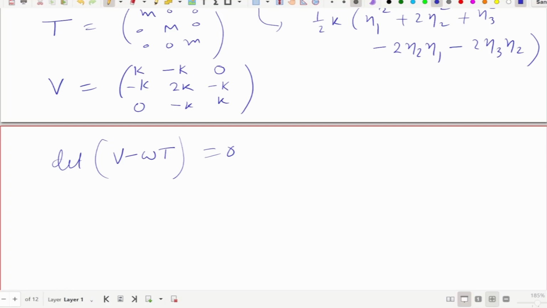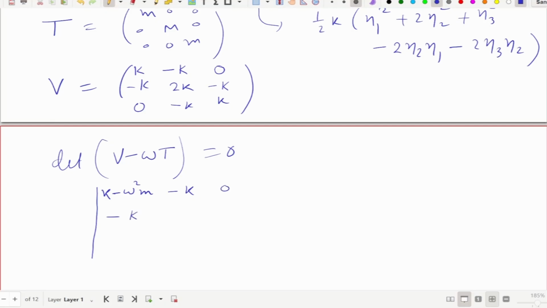Let us write that. In the determinant, the first term is k minus omega square m, because the first term in the kinetic energy is m, then minus k and 0, and minus k and 0.